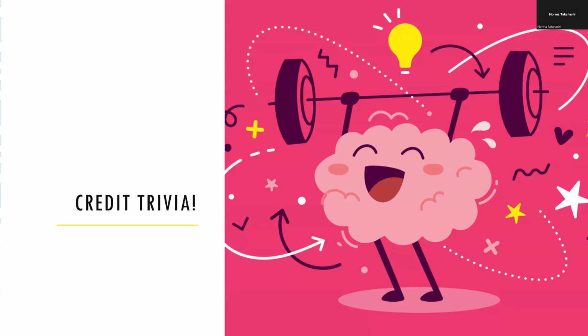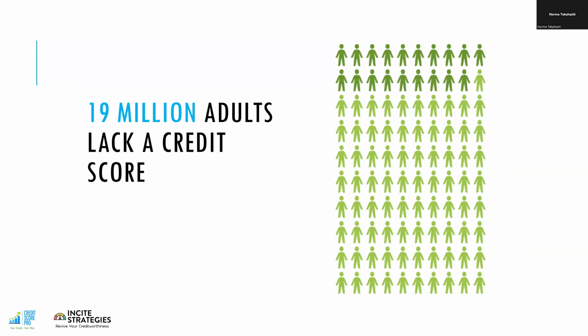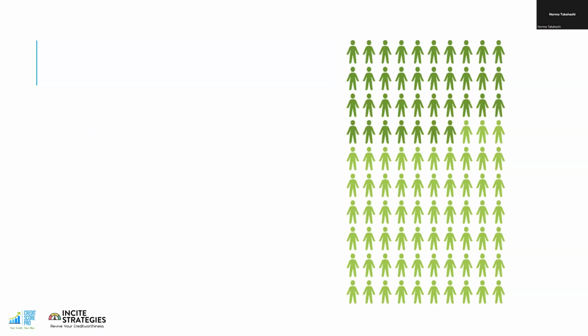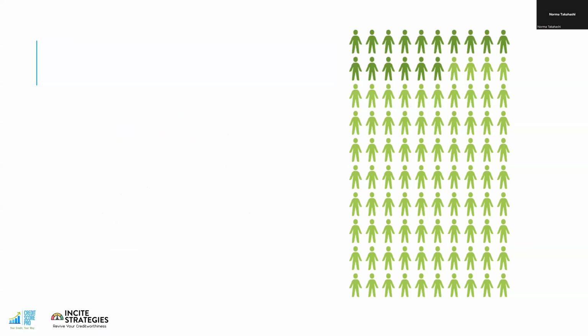Has anyone here been to any of my presentations before? Well, except for you, Crystal and Chris, because this trivia is not going to be new to either of you, but we'll jump into it for everyone else. So 19 million adults lack a credit score, and 37% of adults have a credit score below 700, which is more than most people expect when they see that number.